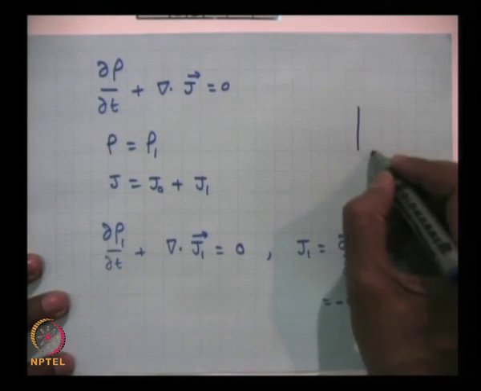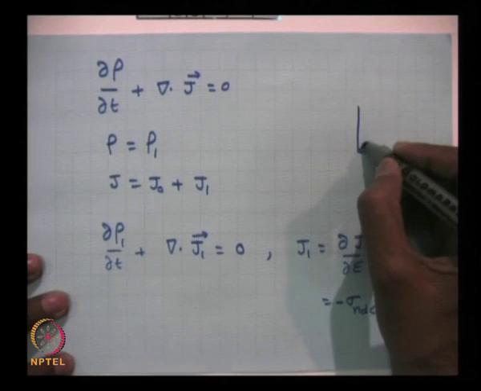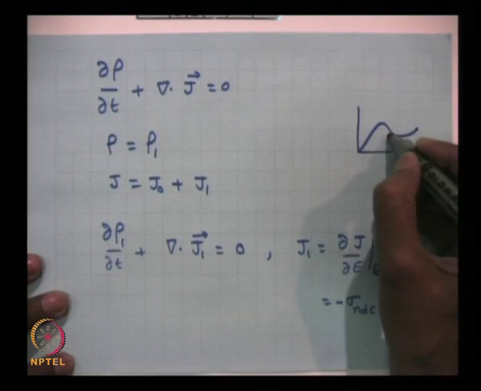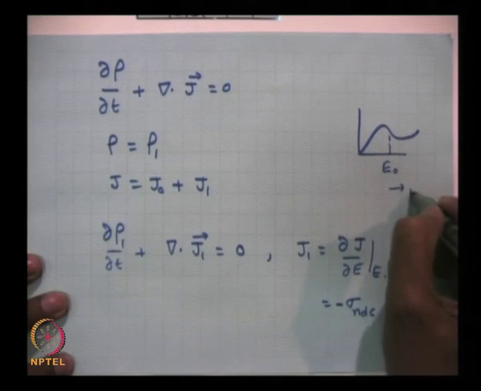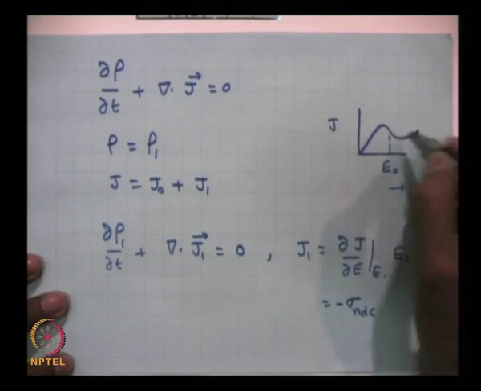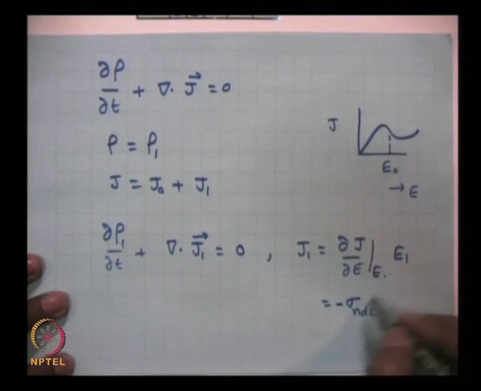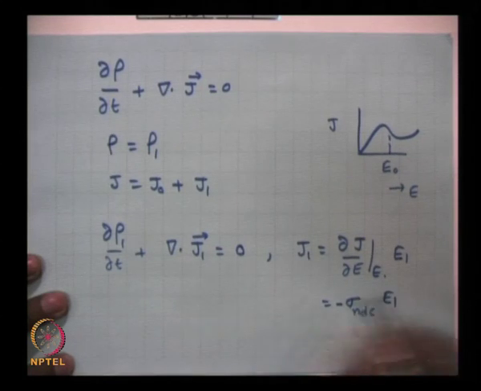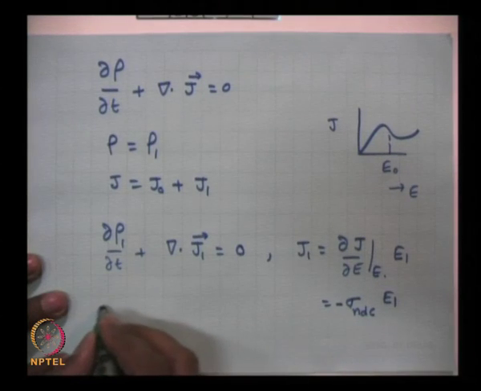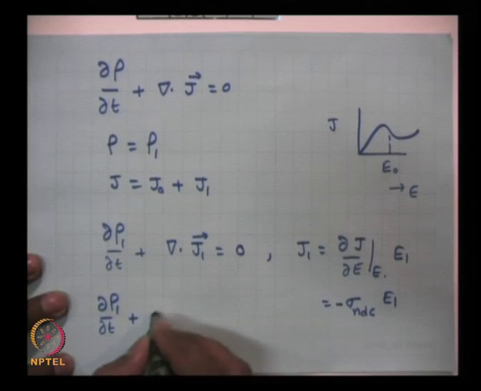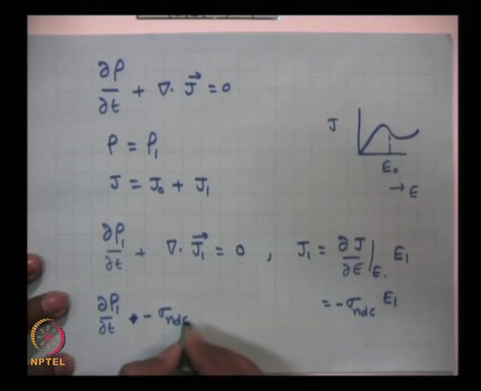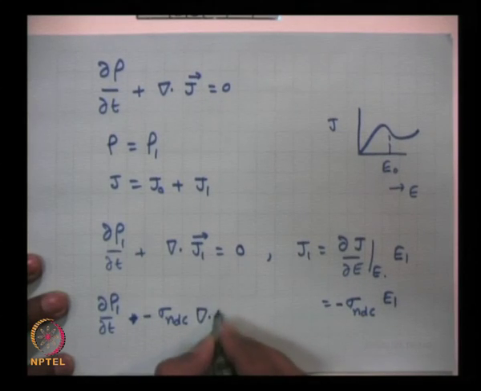You may please remember, this is my E0 here, I am plotting E here and J there. So, the slope is negative, into E1. So, if I put this in here, I get delta rho 1 by delta t minus sigma n dc into divergence of E1.